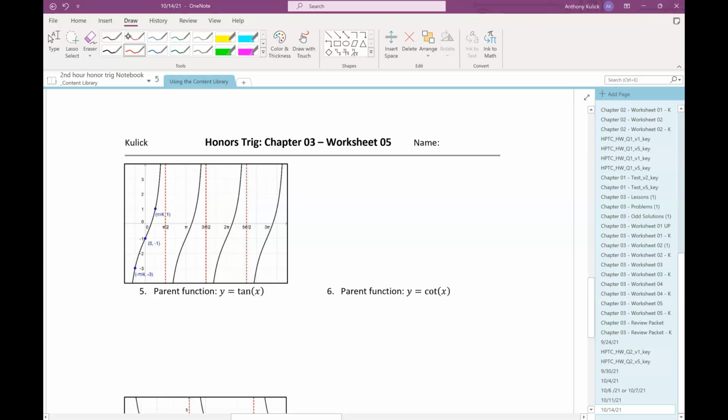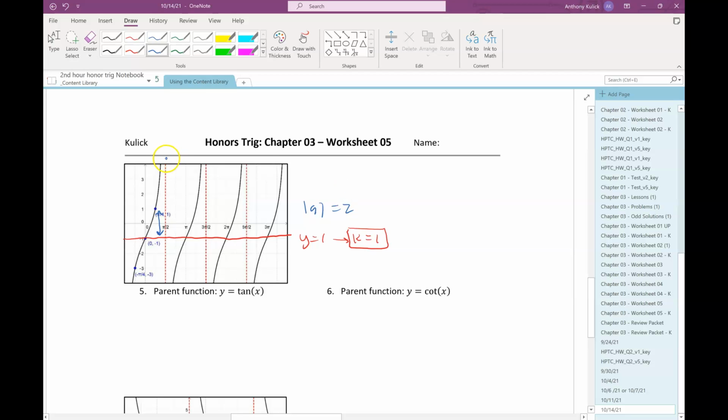So same general ideas as when we did this with the sine and cosine ones. So I'm going to start by identifying the midline. Just using my eyes, it looks like it's this right here. So that tells me the k value. The a is going to be the distance from here to here. So that is going from -1 to +1, so that's 2 units.